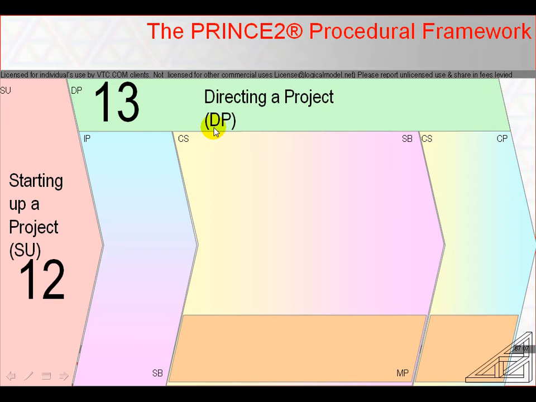Directing a project is chapter 13 of the official manual, and this describes the activities of the project board. The project board's first major activity is to examine the outputs of the SU process to decide whether to sanction the initiation stage. DP's 4 other activities are also all decision-based.